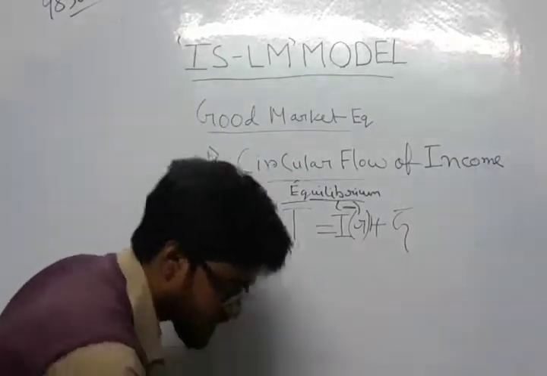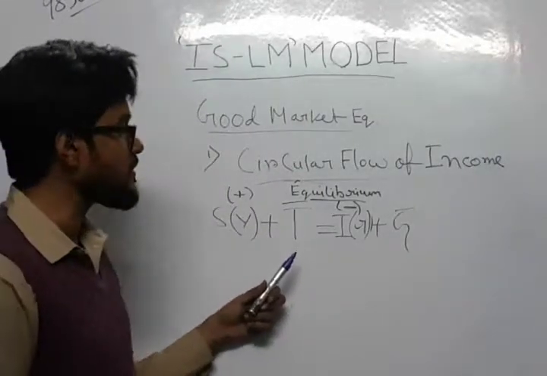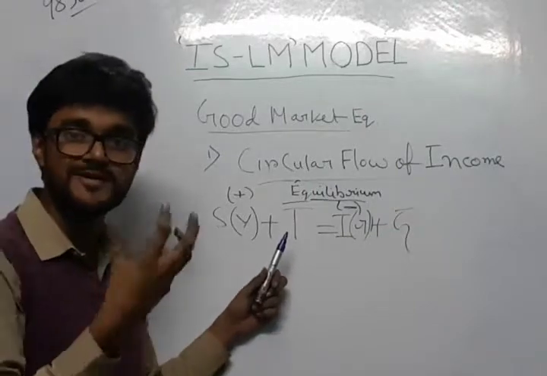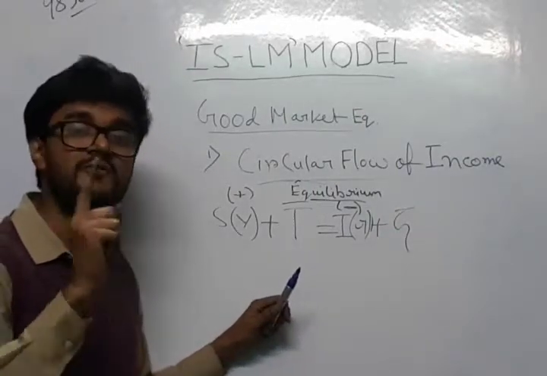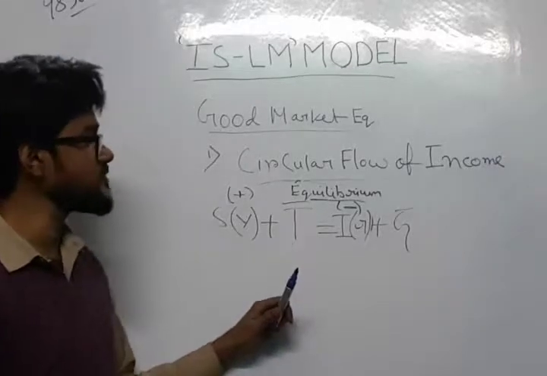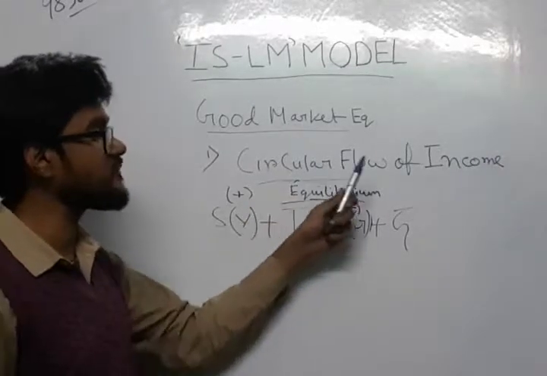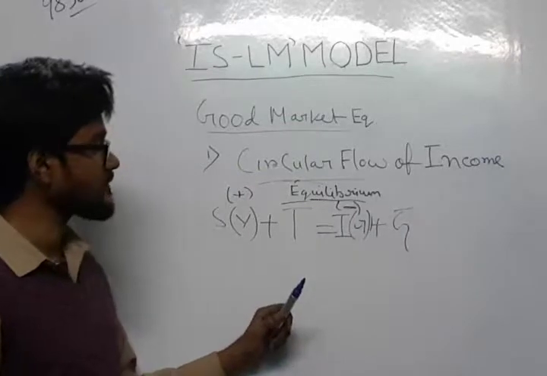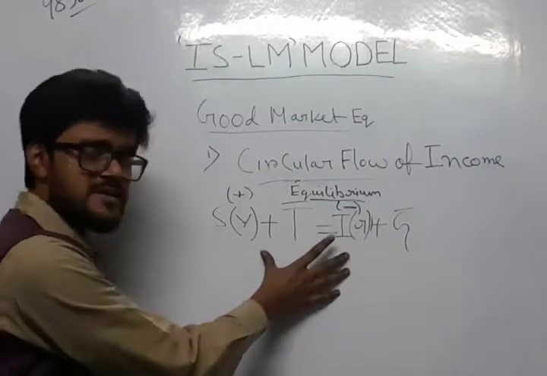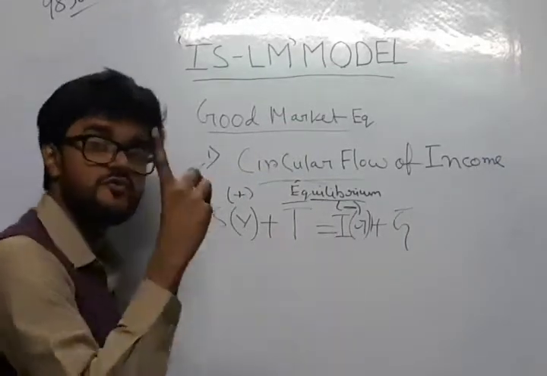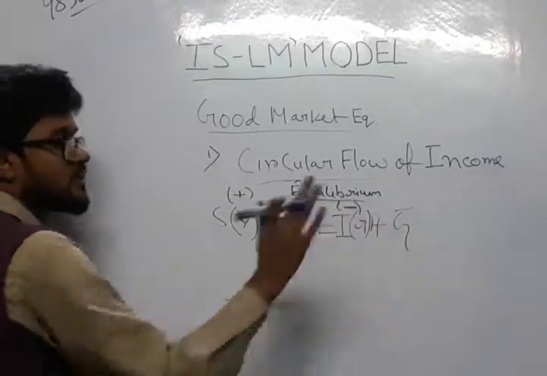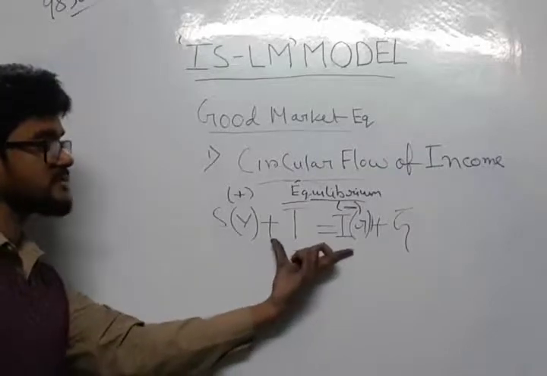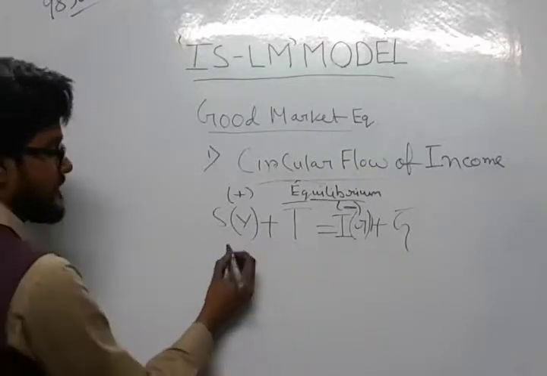Now, our focus is to derive the IS equation and to find the slope of the IS curve. As you can see, in circular flow of income, this is the model. So from here we have to draw the IS curve. See, now we'll take total differentiation of this entire thing.